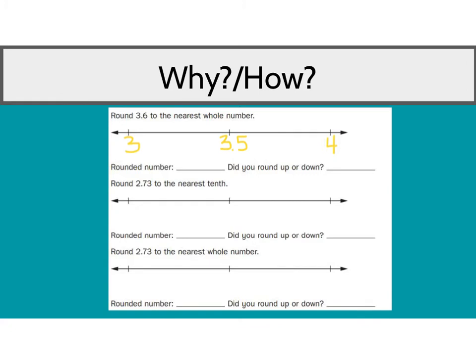Well, it's probably going to go right after that 3 5/10. So we would be able to plug in that 3 6/10 here. And so now when I'm thinking about where would I round that number, is it closer to 3 or is it closer to 4?